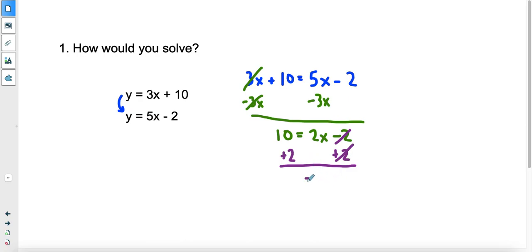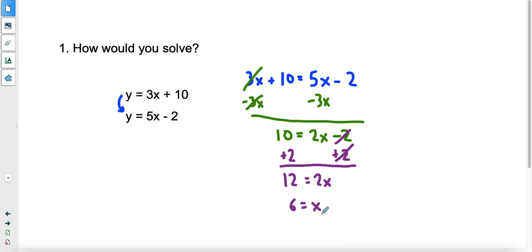So we're left with 2x on the right-hand side here. 10 plus 2 is 12. We're multiplying x by 2 to get 12. Well, 2 times 6 is equal to 12. So we can see x has to be equal to 6.